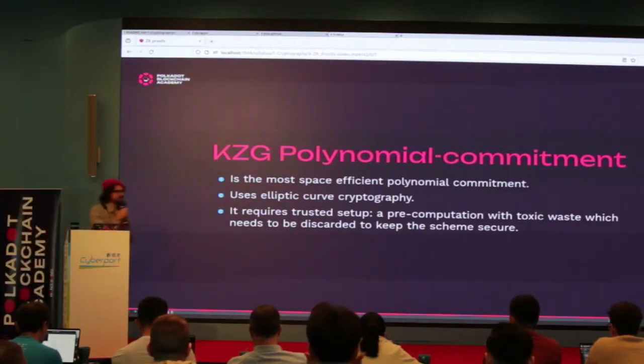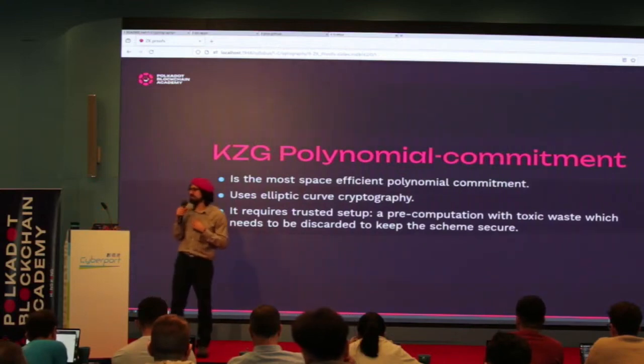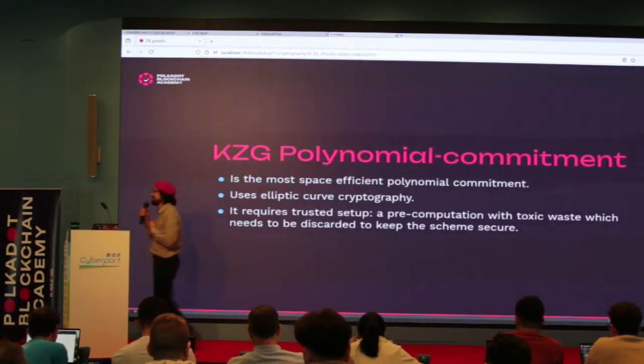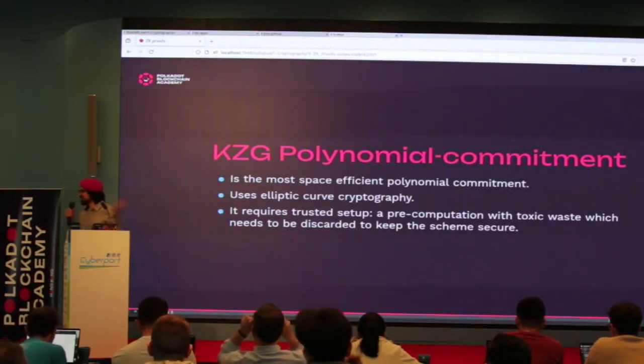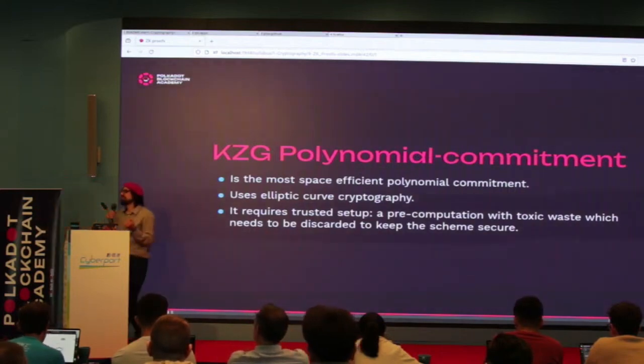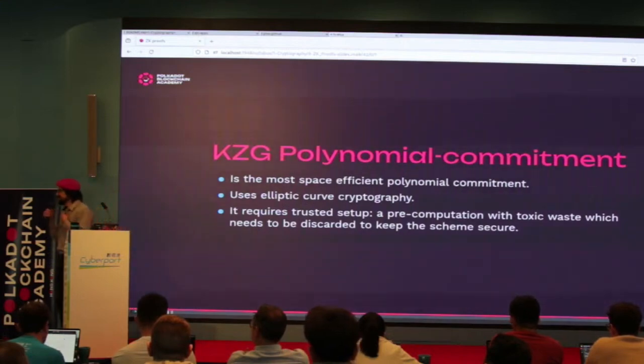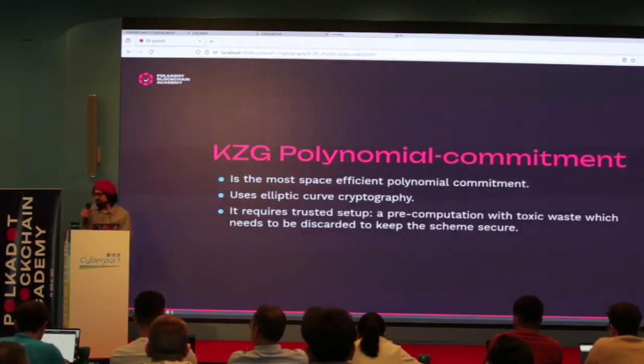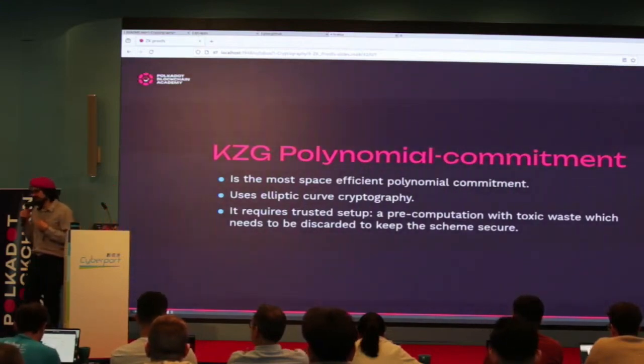What happens is that you can do a multi-party ceremony. So you do your tau, I do my tau, everybody does their tau, and then we add them together. And if one of us deletes the tau, then the final tau is unknown. So if you do it with 1,000 people and one of them is honest, then it's secure.